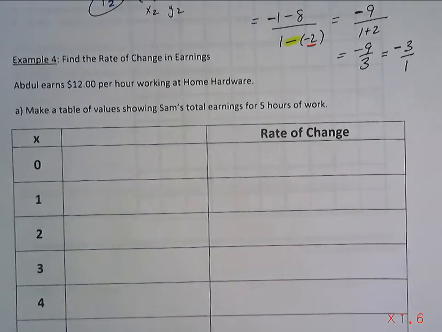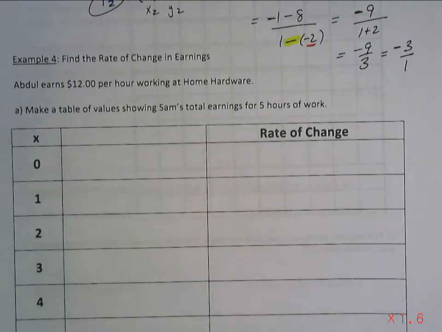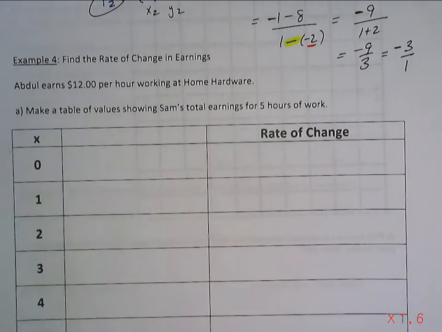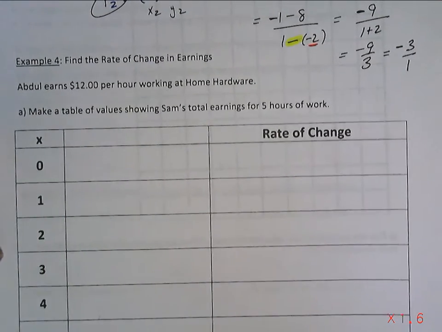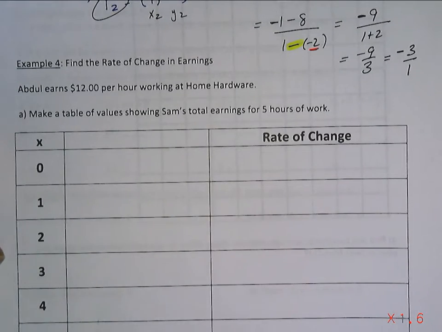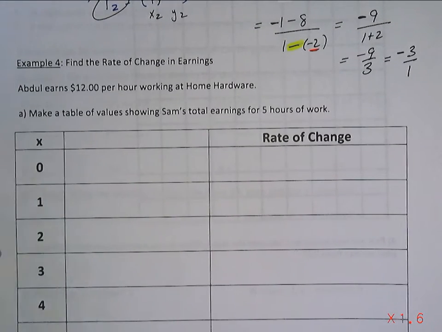Example 4. Find the rate of change in earnings. So Abdul earns $12 an hour working at Home Hardware. Make a table of values showing Abdul's total earnings for 5 hours of work. We can probably do this fairly easily. If Abdul doesn't work, how much does he make? Any idea? Nothing.